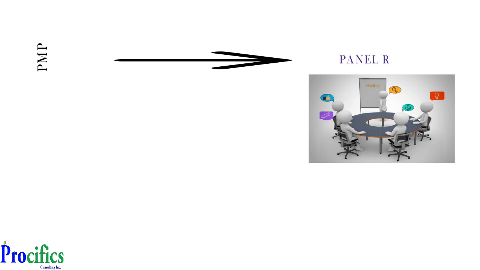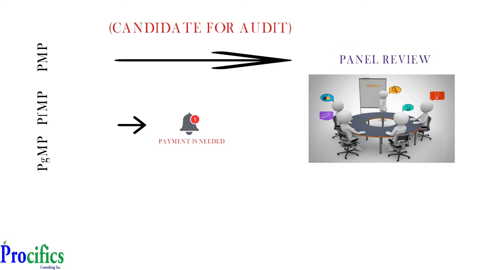In case your application is validated for completeness, for PMP, it will be forwarded to panel review immediately without notification. For other certifications, you will be notified of clearing the first part and that you need to make the credential fee payment before proceeding any further. At this stage, you might get selected as a candidate for audit.